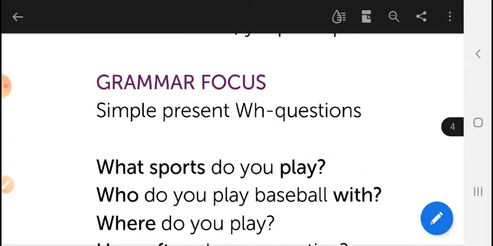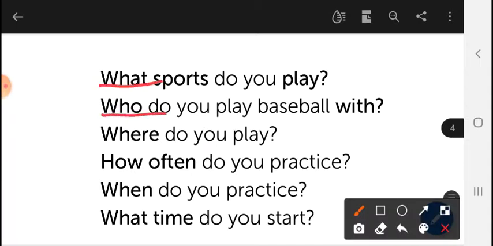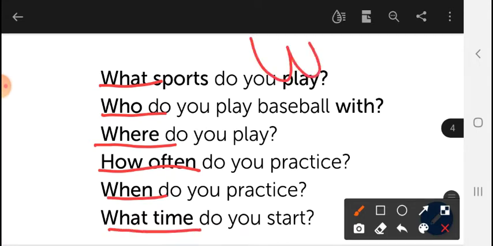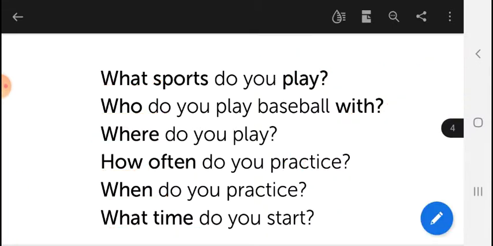Attention over here. The WH questions are what, who, where, how often, when, and what time, okay? Those are WH questions. Esas son preguntas de WH, porque todas empiezan con WH.